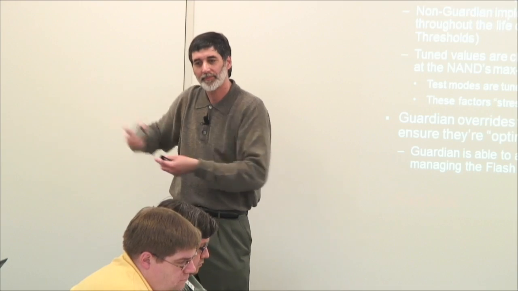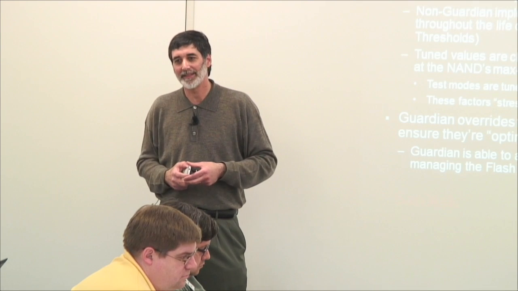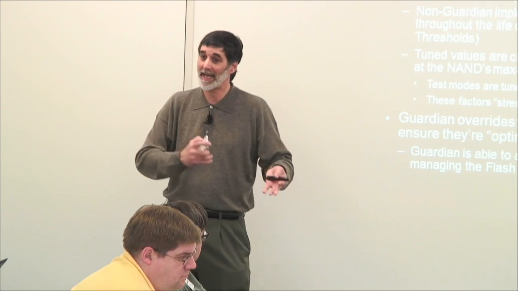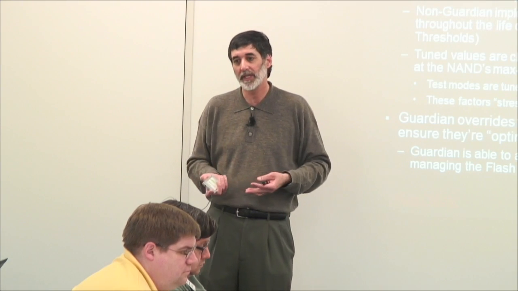You would think that would reduce their performance gap between beginning of life and end of life. Except that the problem is that as the flash wears out, the ECC error rate goes up, and if you're not doing things to manage that ECC error rate, you're going into error recovery more. You have to do rereads. Really, it is Guardian and its management of the NAND life cycle that provides the benefit, that reduces the drop in performance.